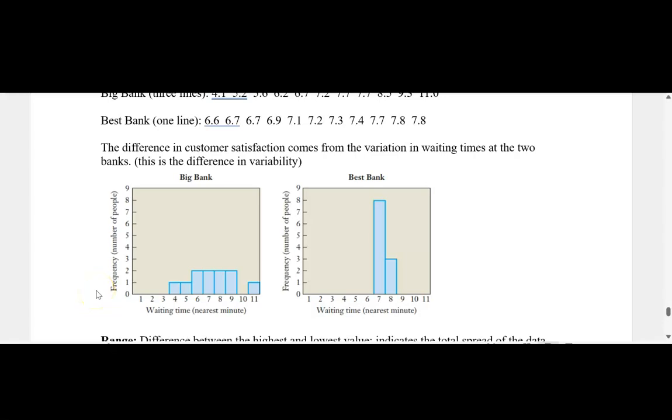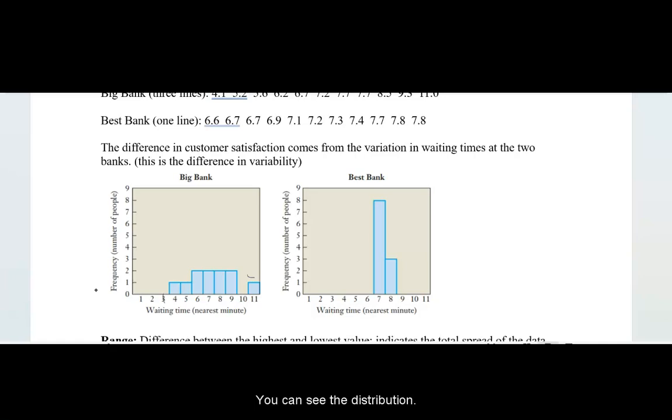So look here. Big Bank, which had the three different lines, these were the waiting times for those three lines. This is Best Bank, which had one line, and you can see the wait time on average here. So the difference in customer satisfaction comes from the variation in waiting times at the two banks.